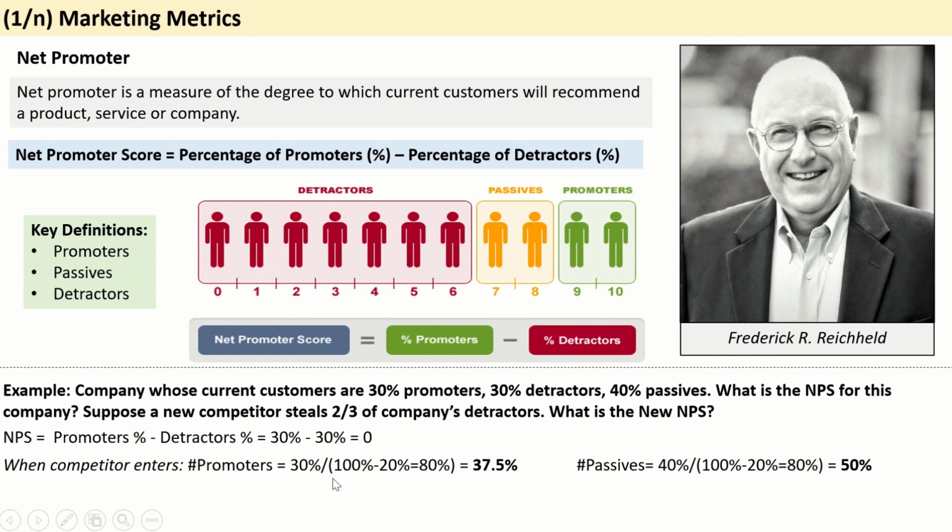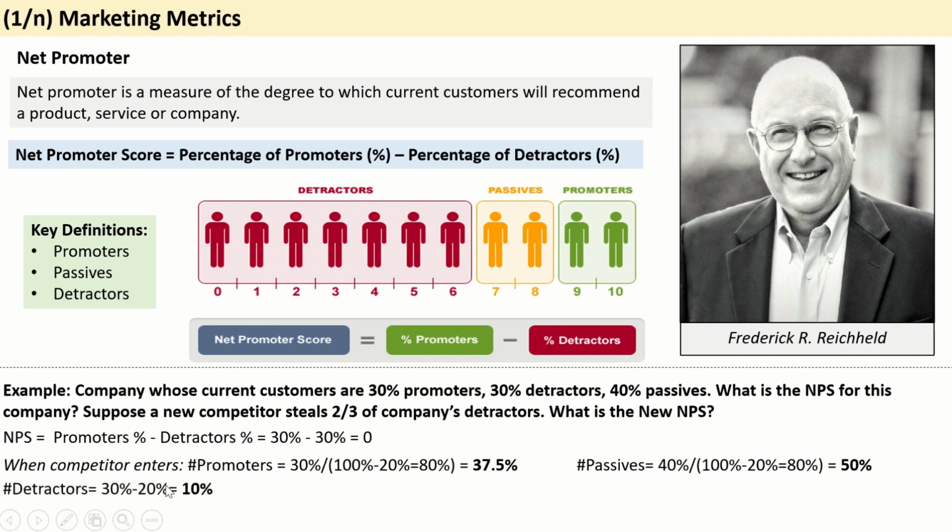The calculation is 30% upon 100 minus 20, because 20% of the detractors have been stolen by the competitor. 30% upon 80% comes out to be 37.5%. Now regarding passives, again doing the same calculation, 40% upon 80% gives 50%.